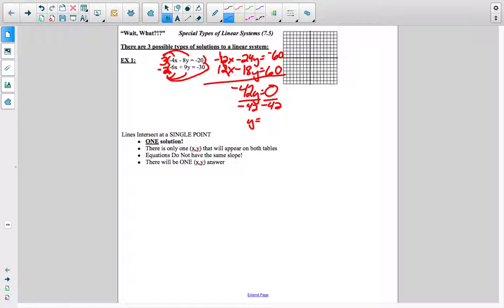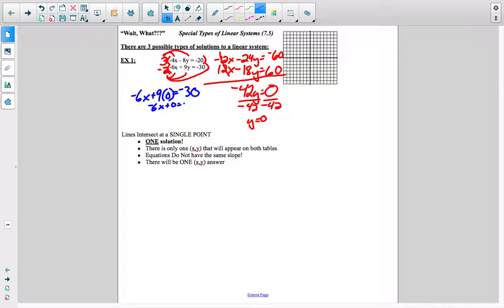So y equals 0. Now we plug that back into one of the original equations to solve for x. I'll use the bottom one, but it doesn't matter. Both should give you the same solution. Now 9 times 0 is just 0, which from here we don't even need to write.